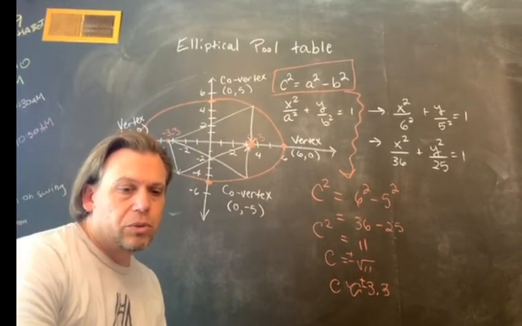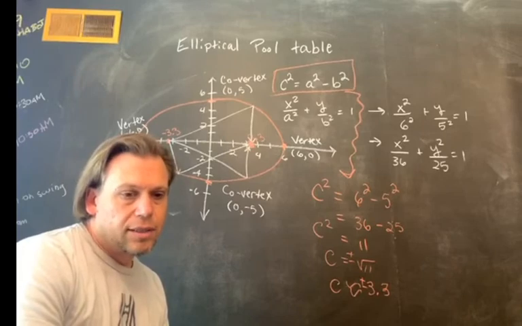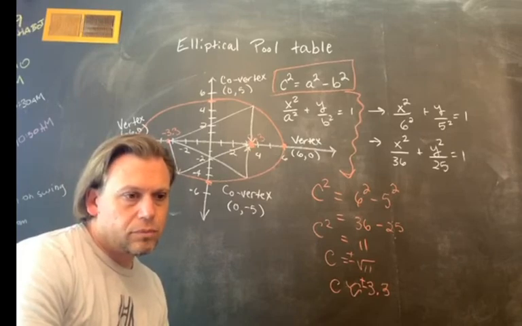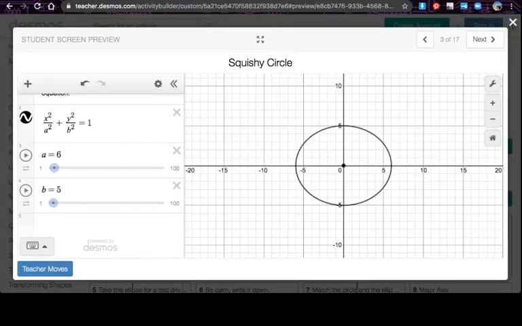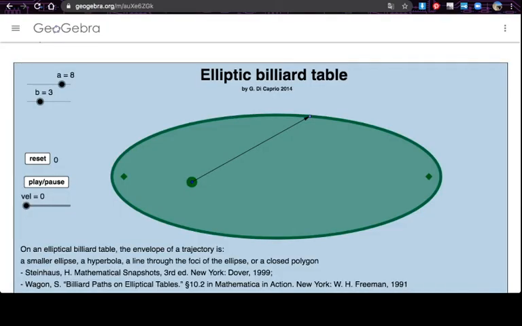I want to show you one more cool thing before we finish. Right here is an elliptical billiard table, and there's this problem in mathematics, which I think comes from Euler. I should look it up; I was going to work on it, but I still haven't done it.